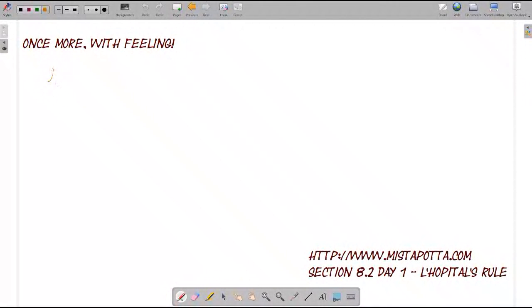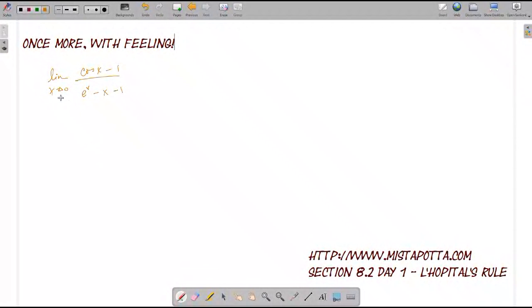I want to look at the limit as x approaches 0 of cosine of x minus 1 over e to the x minus x minus 1.